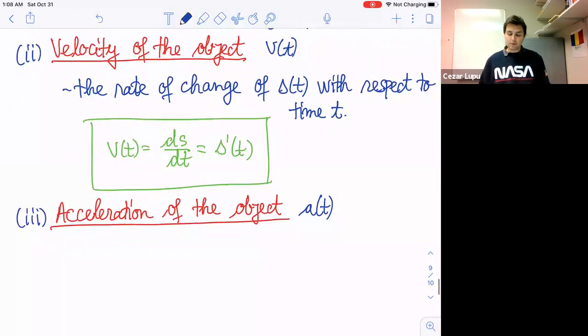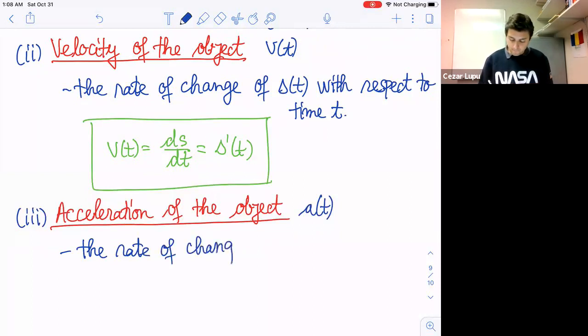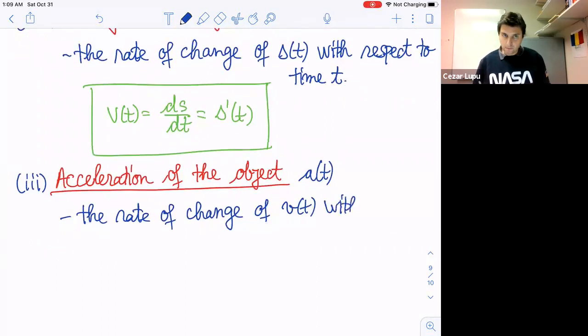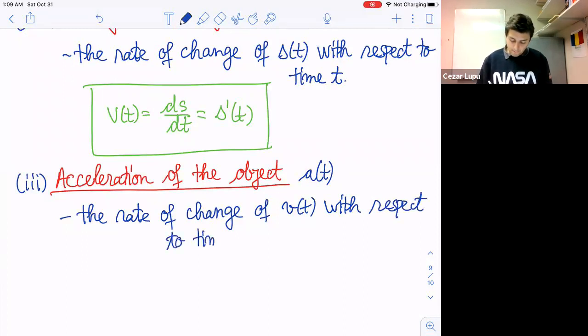So this would be nothing else than the rate of change of v of t with respect to time t, right?